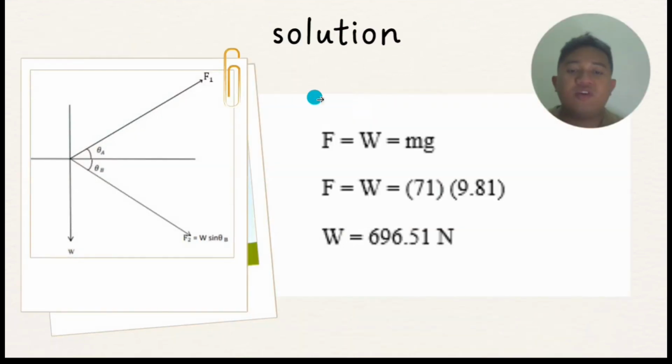First, we find the force, which is the weight of Seo Gi-hun, W, a downward force. So 71 is multiplied by 9.81, which is gravity. The weight of Seo Gi-hun, which is the downward force, is 696.51 Newton.